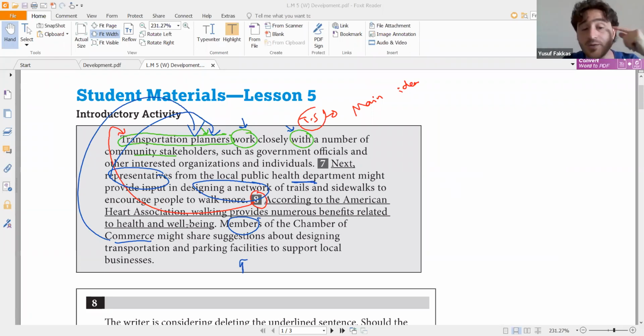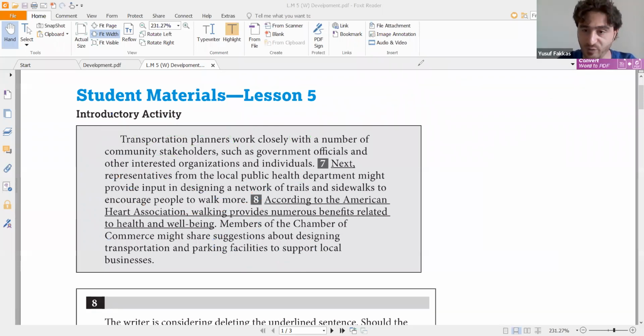Good. How do they work with them? They share suggestions about designing transportation and parking facilities to support local businesses. So my underlined sentence that I am asked about now, it should do the exact same thing. It should tell me about a group of people who work with transportation planners and help them with their work, okay? Now, how can we do that?